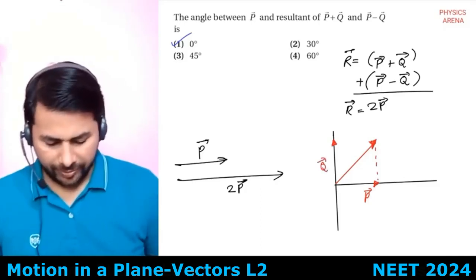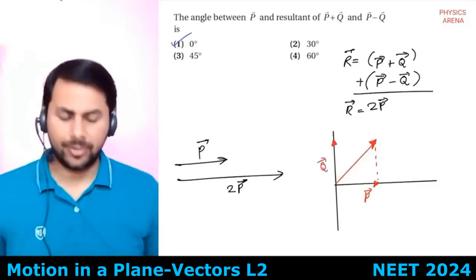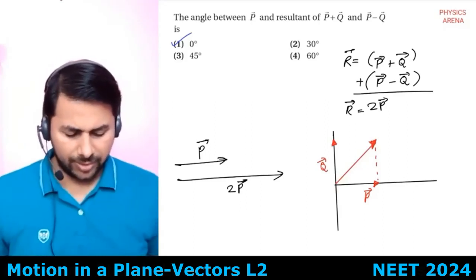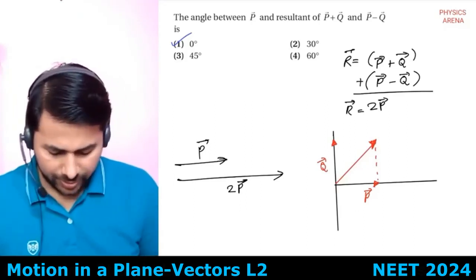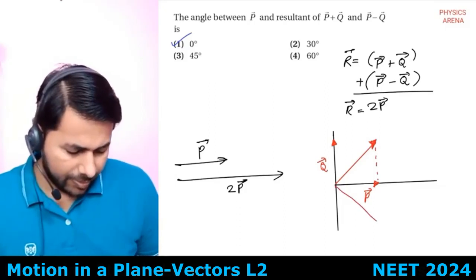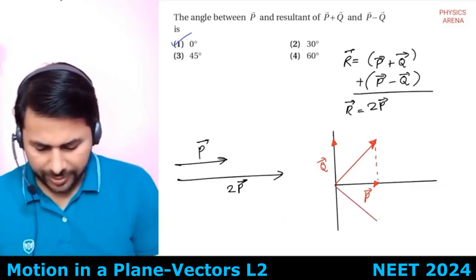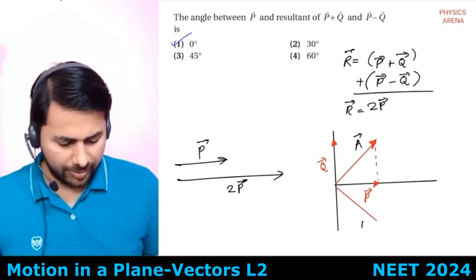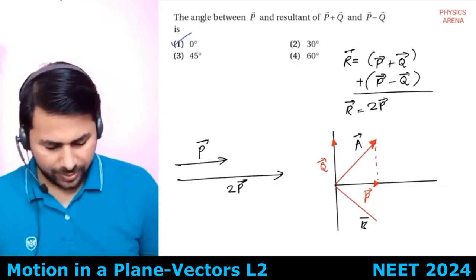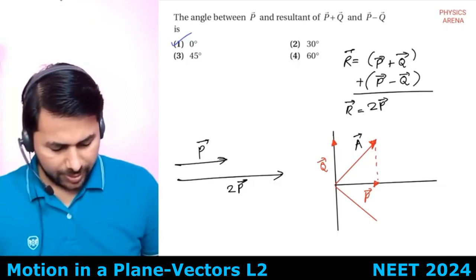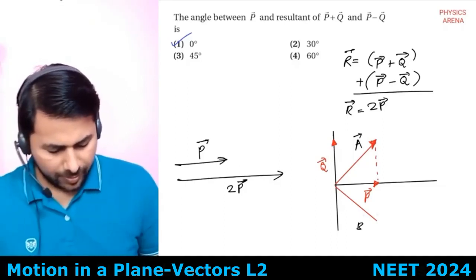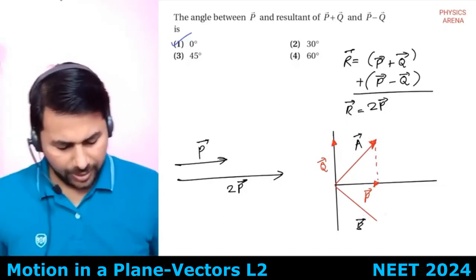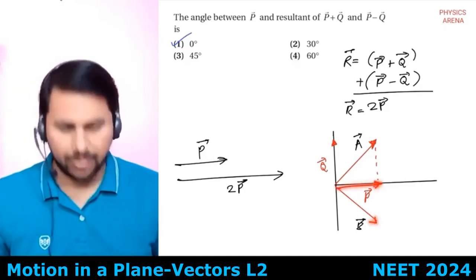This is my one vector, p bar plus q bar. And I have another vector. Let's call these vectors a and b. So this is my a bar, this is my b bar, and b bar is equal to p bar minus q bar.